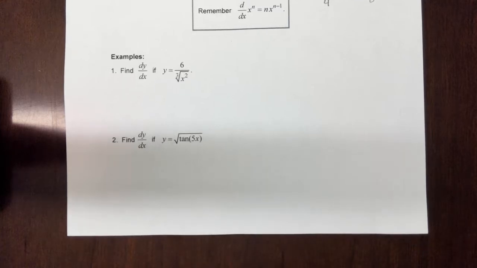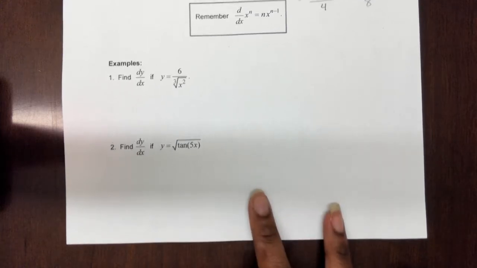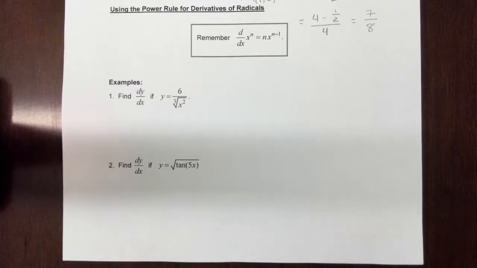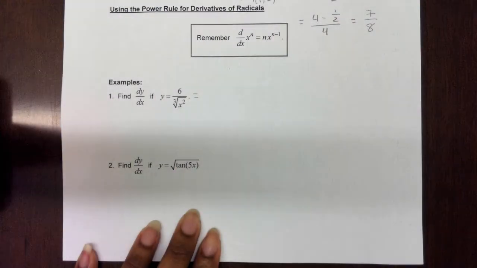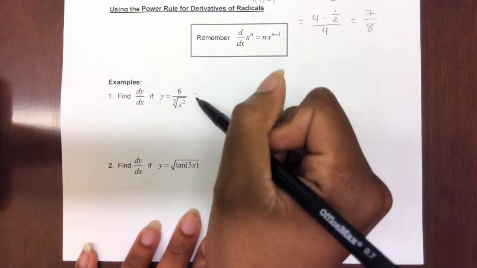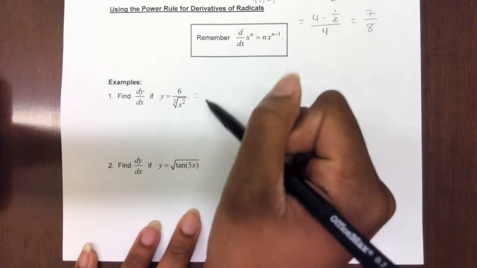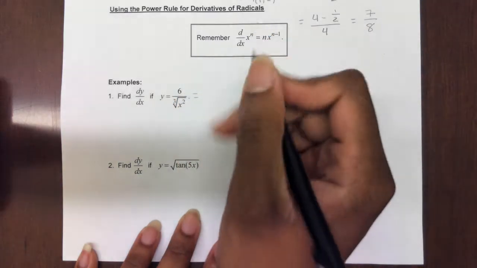Okay, so down at the bottom, we're going to use power rule to find the derivative of radicals. This is a little bit of review, but needed, because I've noticed that some people are not able to find the derivative of radical functions. So first thing we want to do is rewrite this function so that it's in exponent form so that we can use our power rule.